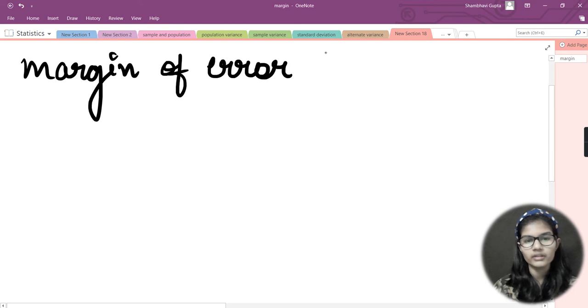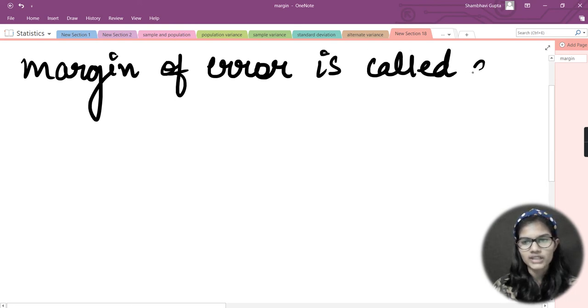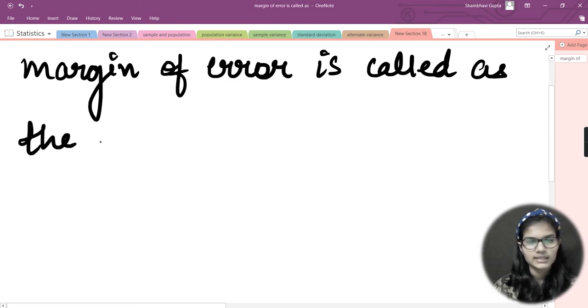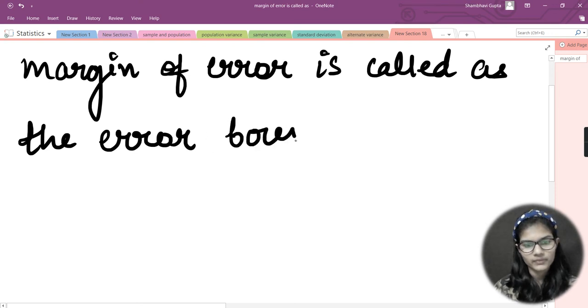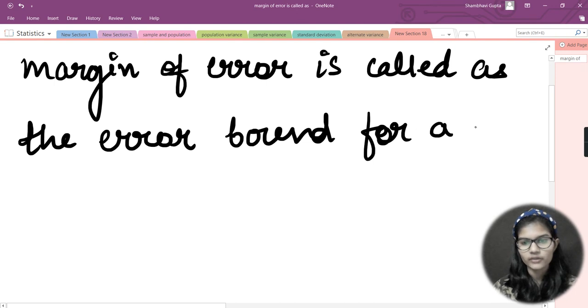So margin of error is also called the error bound for a population mean. I'm writing the short form for the population mean.